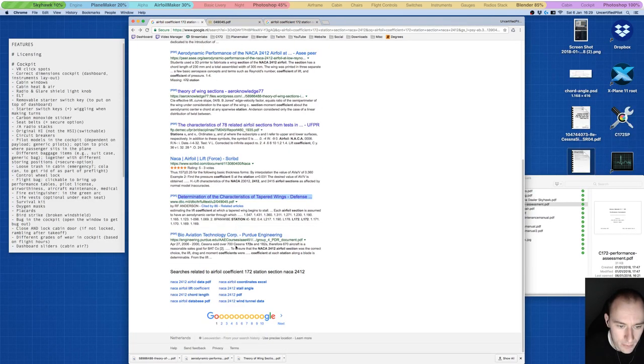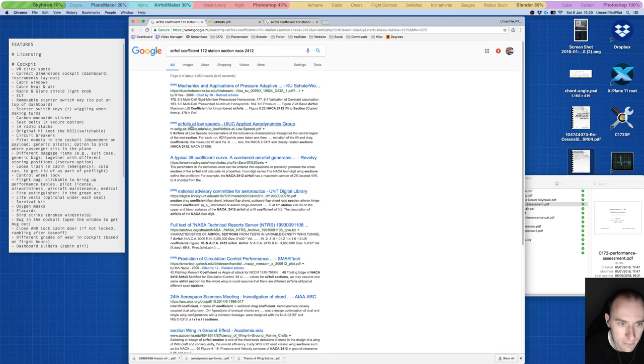Same documents. Airfoil data PDF. Seems much too abstract. Aircraft generic information.